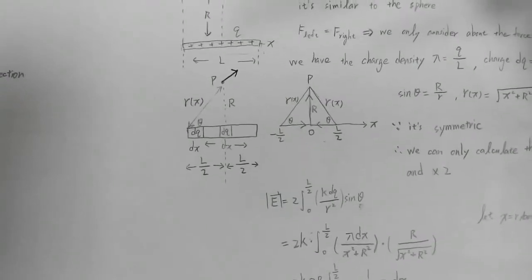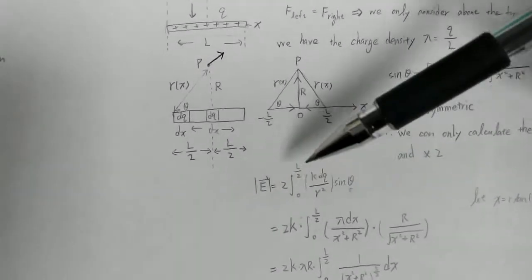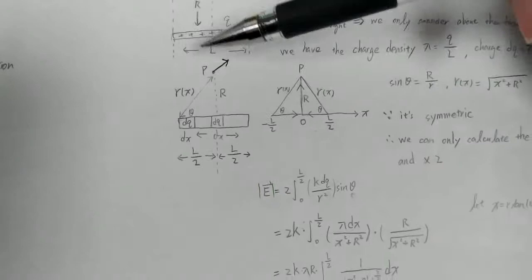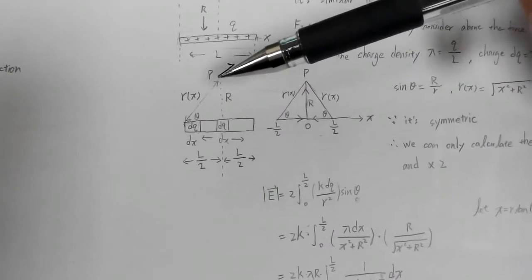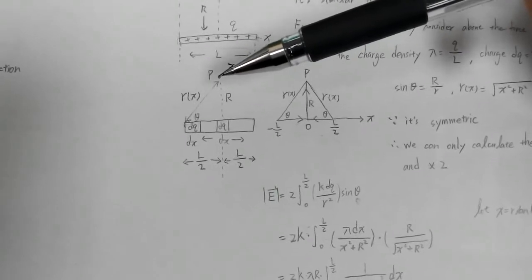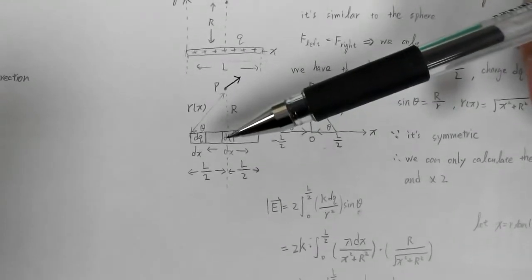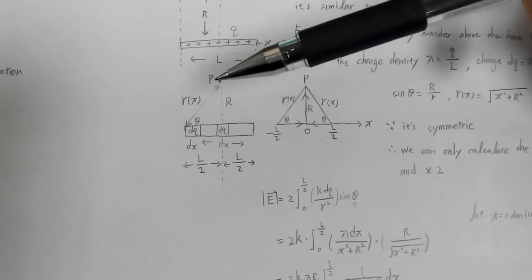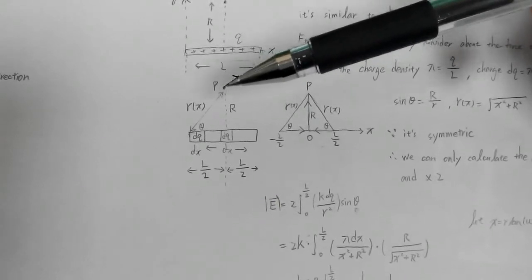in order to make the calculation easier. And when you do both, you can say here sine theta and cosine theta. And when you integrate from here to here, you will see that you don't have to consider the x direction, because when you integrate the other part, the x direction will be cancelled out, only the y direction remains.